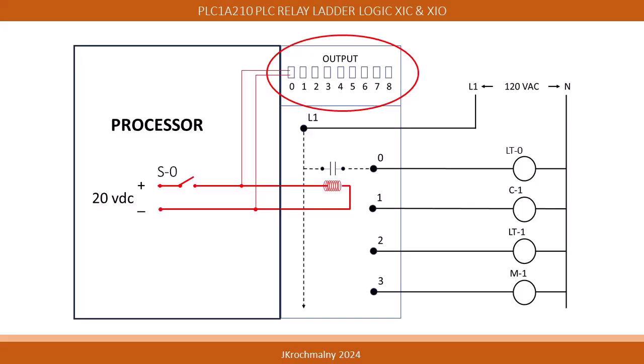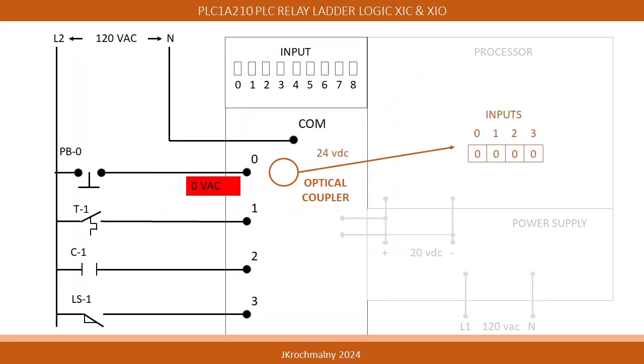The next step in the scan cycle will be to command the output devices. Here we see that the push button PB0 is pushed. 0 volts appear on the input module termination 0, and a 0 is placed in the processor's input registry. This condition makes Examine If Open true.